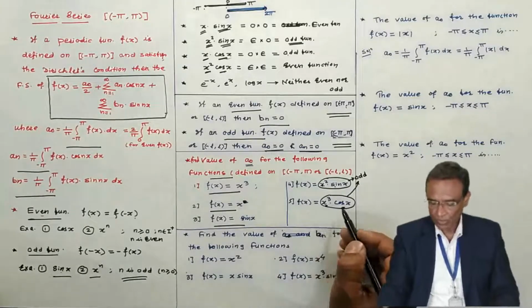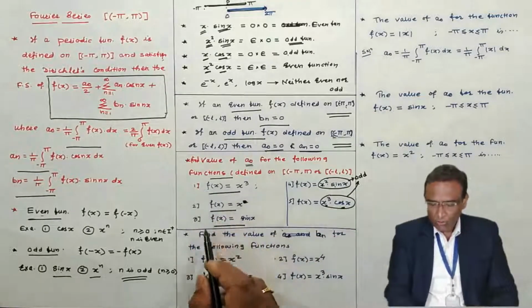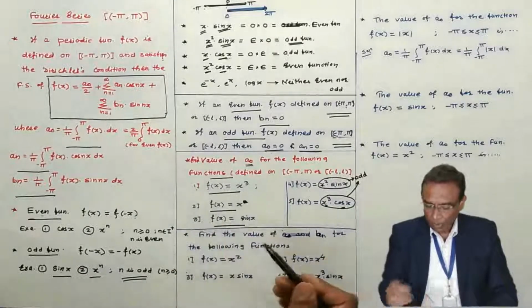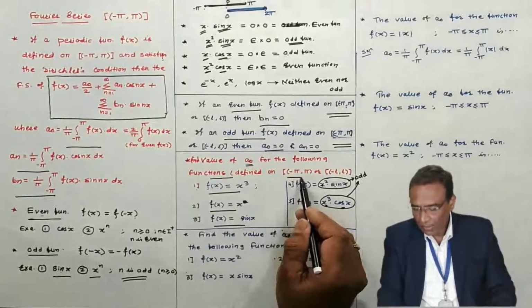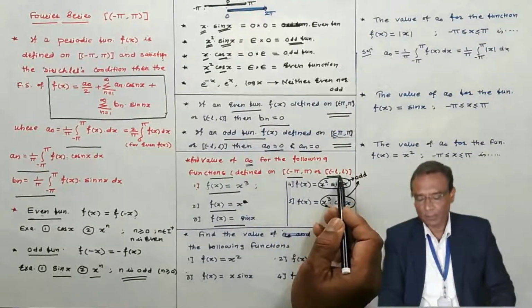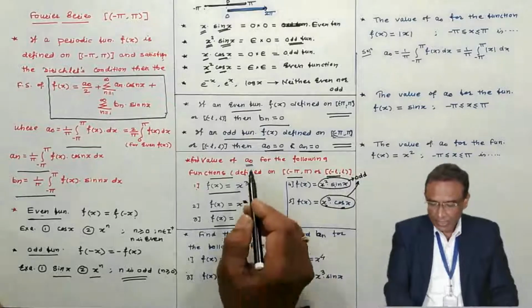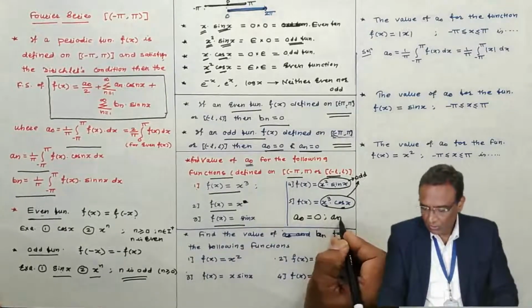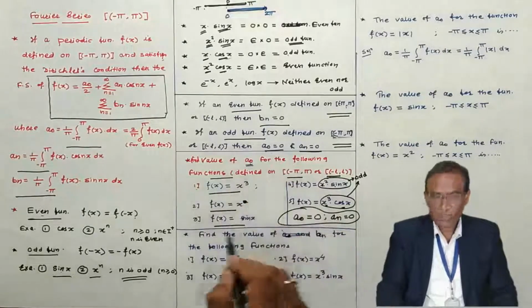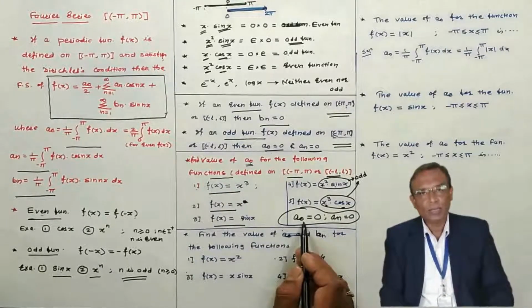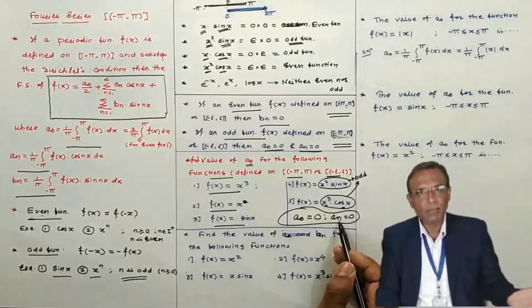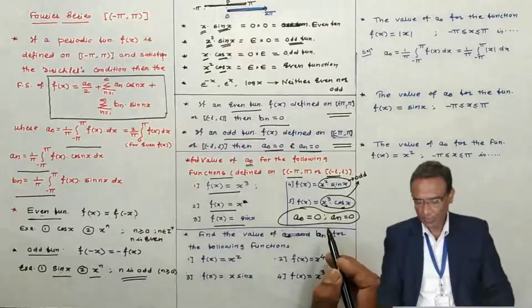So all functions 1 to 5 are odd functions, and all are defined on minus pi to pi or minus L to L. Then in that case, a0 is 0. Value of an will be what? 0. For all functions, you can directly write a0 as 0 and an as 0. But if you evaluate by using the formula, you will get the same.